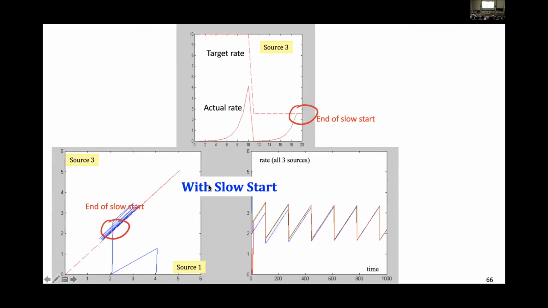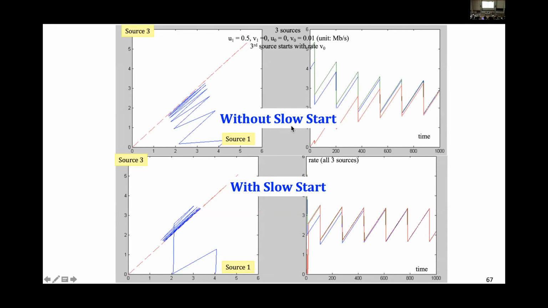And in the same example, when we implement the slow start, you see that it really accelerates the convergence with only a few iterations. We converge to the value, then we exit the slow start and we continue with AIMD. So this is a comparison. Without a slow start, we require a number of iterations.